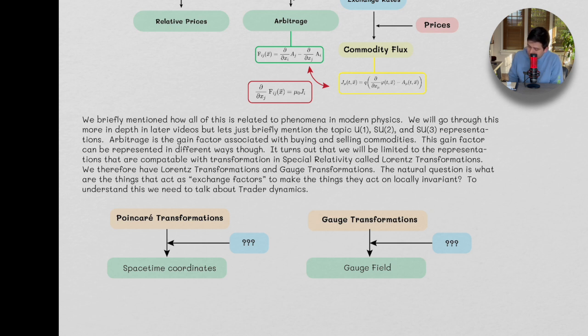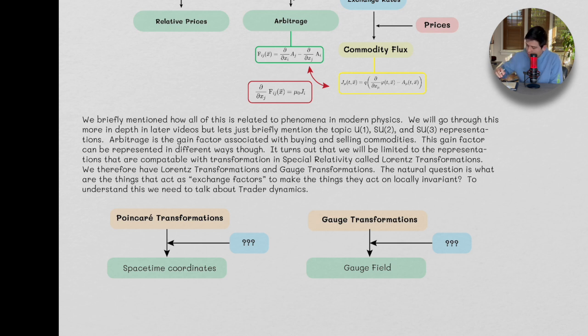We therefore have Lorentz transformations and gauge transformations that we're going to have to talk about. The natural question is, what are the things that act as exchange factors to make the things that they act on locally invariant? To understand this, we need to talk about trader dynamics.